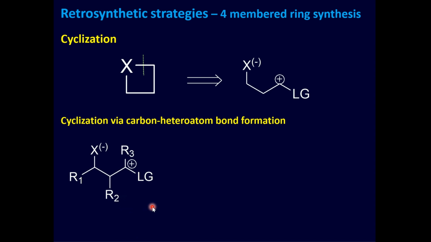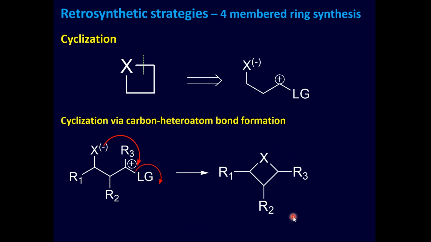When I heat it, the excess electrons on the heteroatom attack the positive center, and the leaving group, Lg as I represented, leaves and cyclization occurs, giving rise to a four-membered ring system.